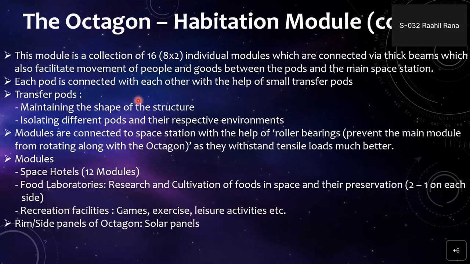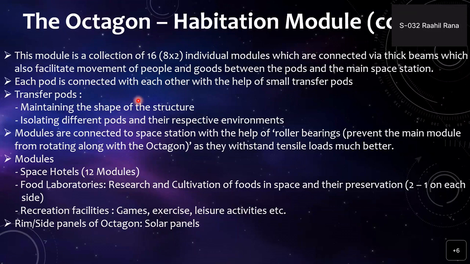We have divided the 16 modules, designating 12 of them as the space hotels. Of the 4 modules left, 2 can be designed as modules for research and cultivation of food, because if tourists come in future, food cultivation becomes an important aspect. This is one of the points we'll be discussing in the future.